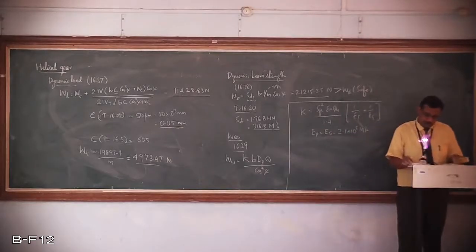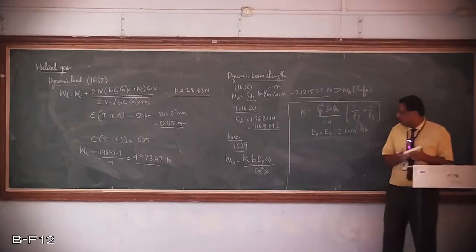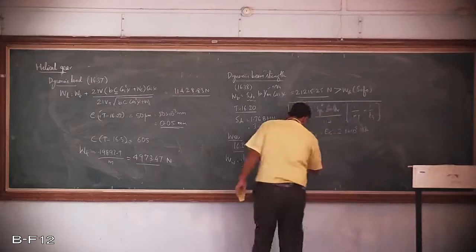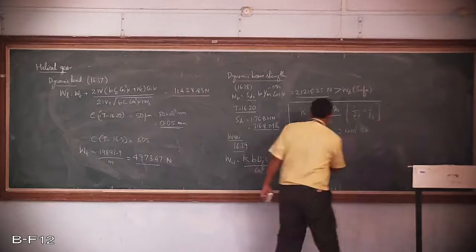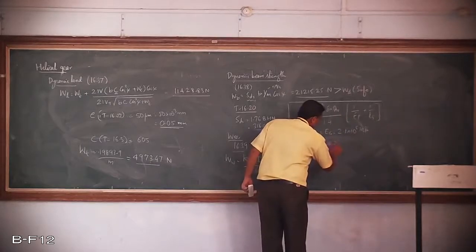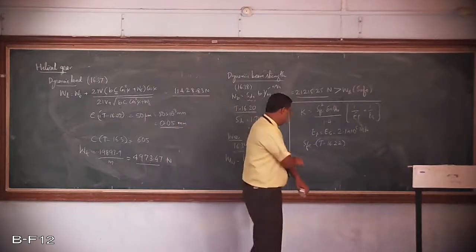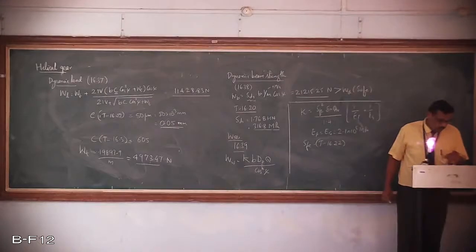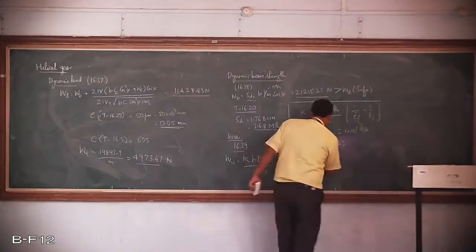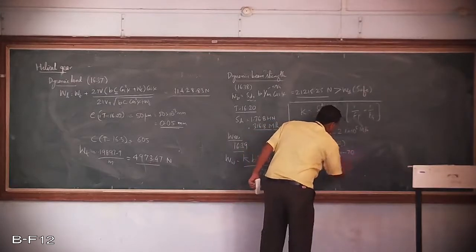If you refer to table 16.22 on page 230 of the HG Patil data handbook, SFE for steels is given as 2.8 BHN minus 70.